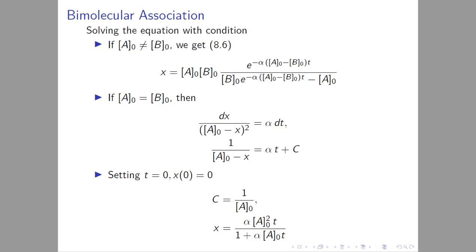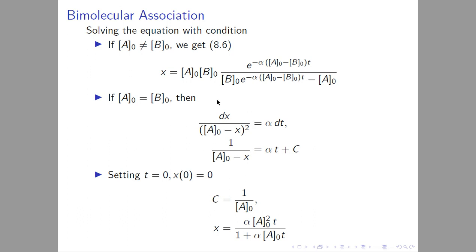But if A naught equals B naught, then A naught minus B naught is zero. From the previous equation in our textbook, we get dx over A naught minus x squared equal to alpha dt.